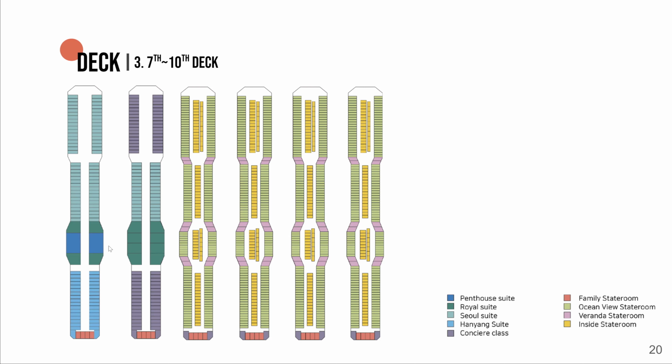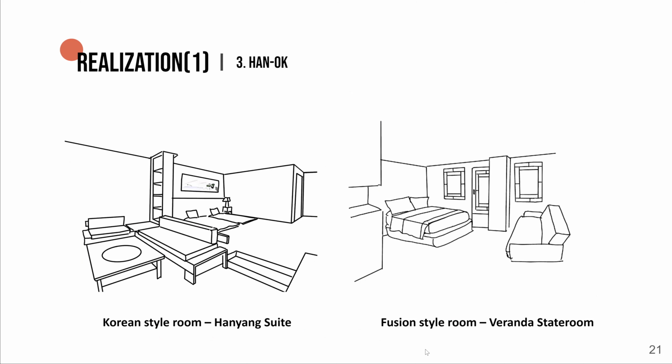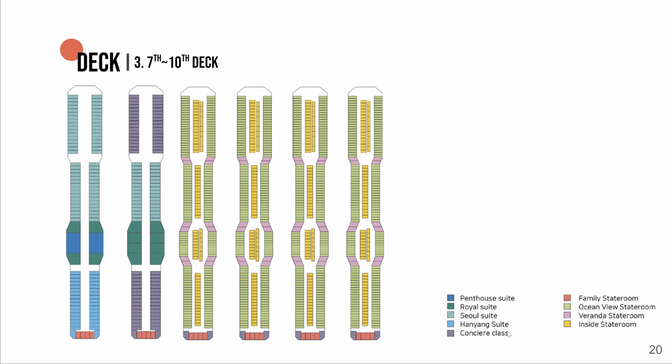And this is deck 7, so the more expensive and luxurious suites will be higher in the deck, and the more regular suites will be in the lower decks, and it will take 4 of the deck spaces. We have also color coded for your convenience which suite goes where. And so we have several different kinds of suites.